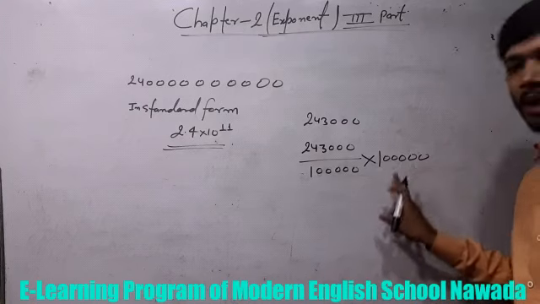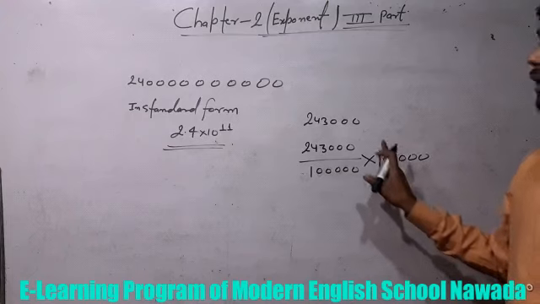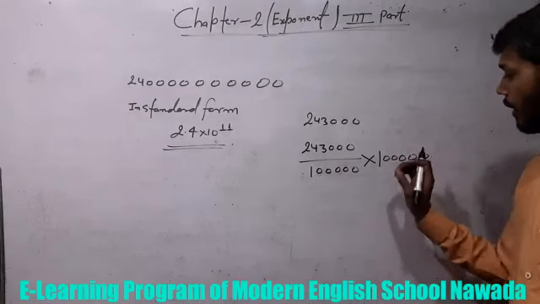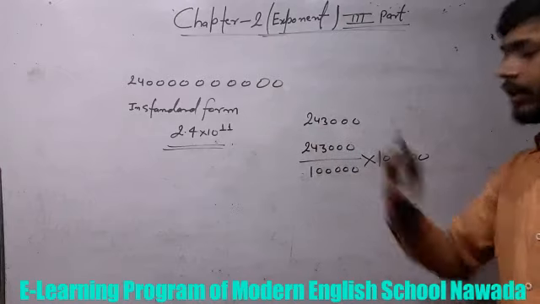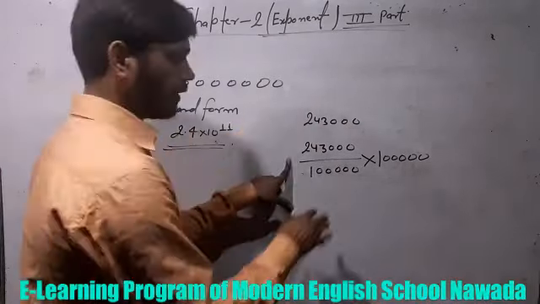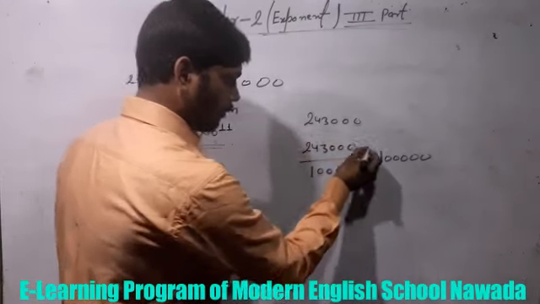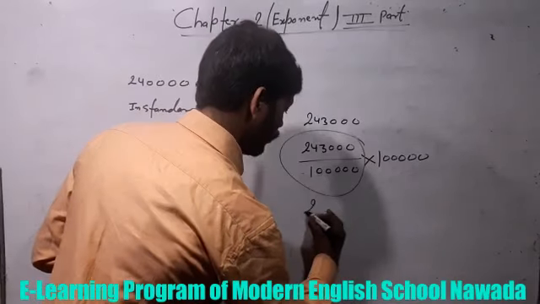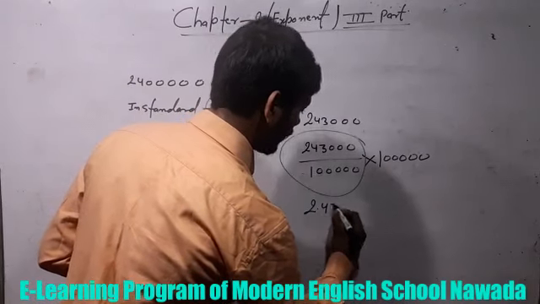After dividing and multiplying by the same number, the value of the number doesn't change, and you can write it here. This value will be written 2.43.